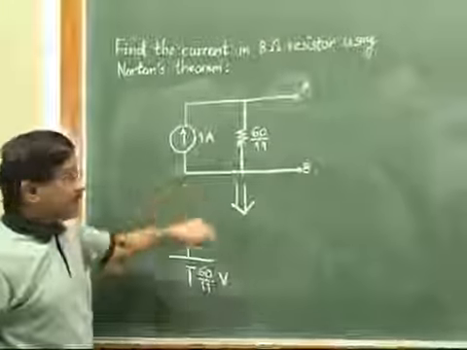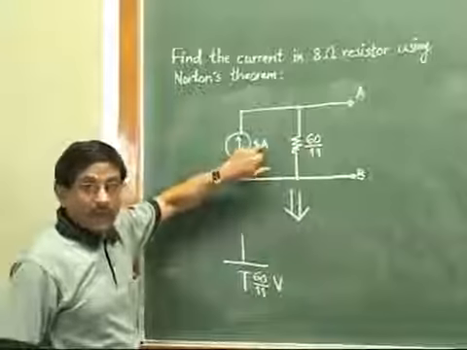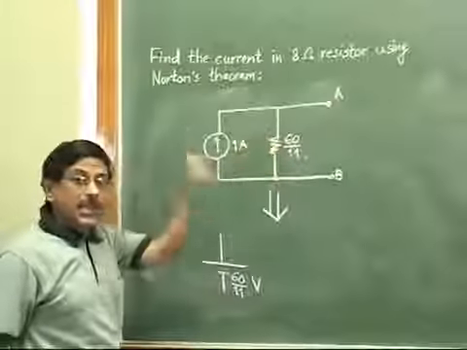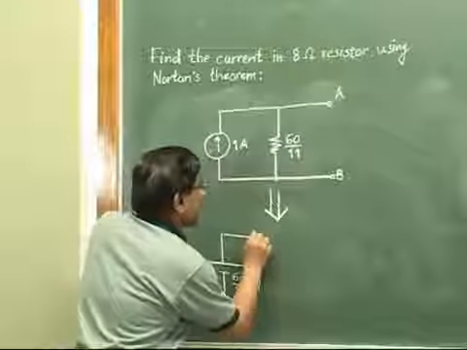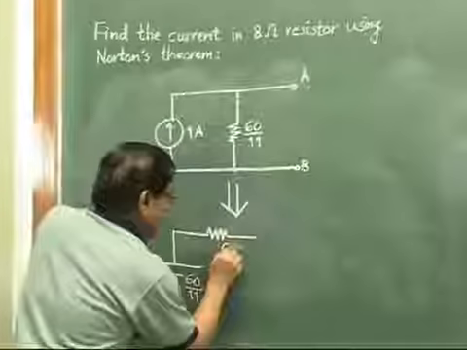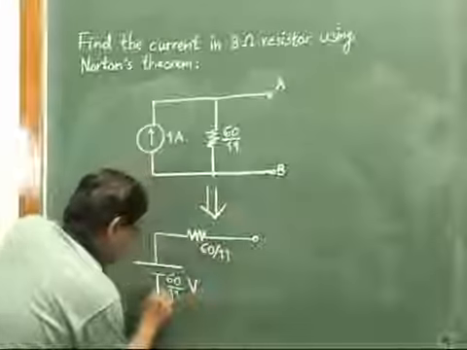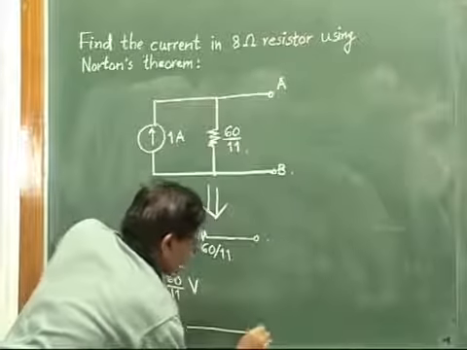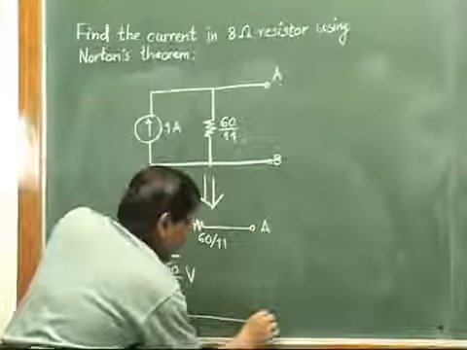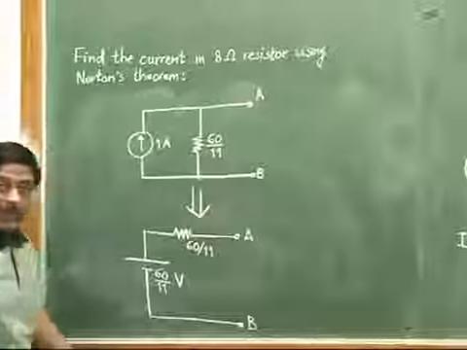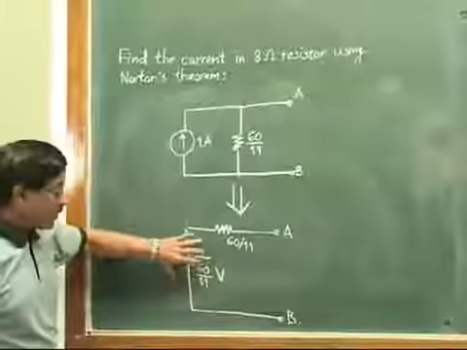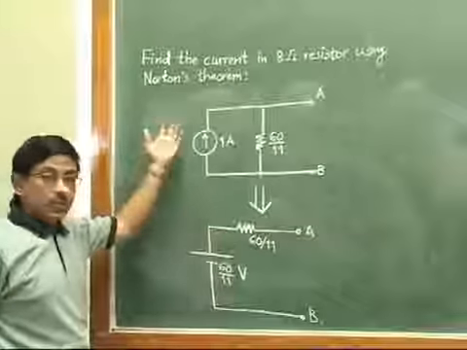And the same resistor which is in parallel with the current source must be shown in series now. So we will show the same resistor 60 by 11 in series with this voltage source, and then points A and B will be located here. So it is a simple thing to convert the sources in this particular fashion. Also we can do a similar thing for conversion of a practical voltage source to a current source.